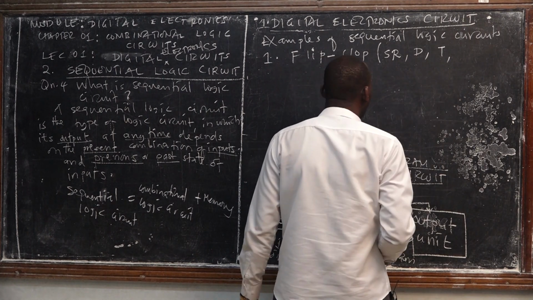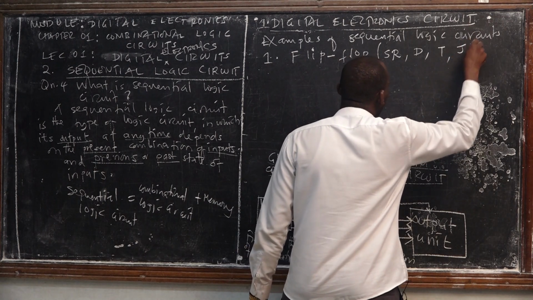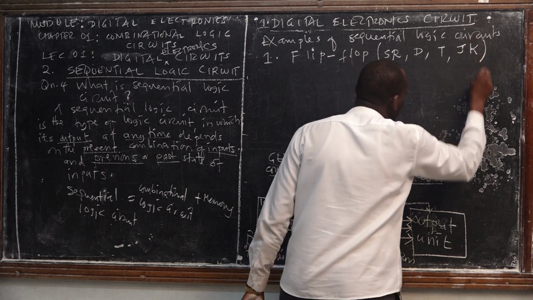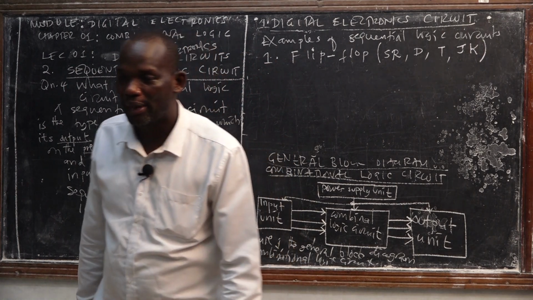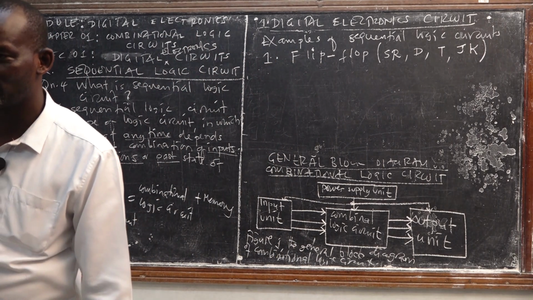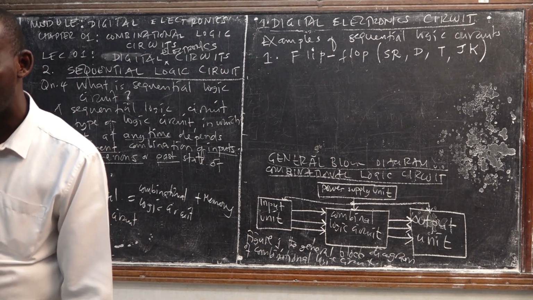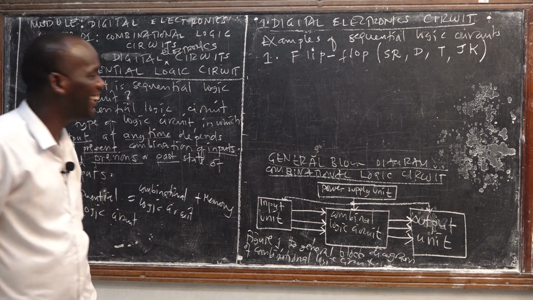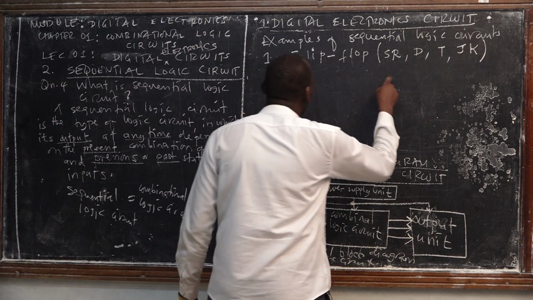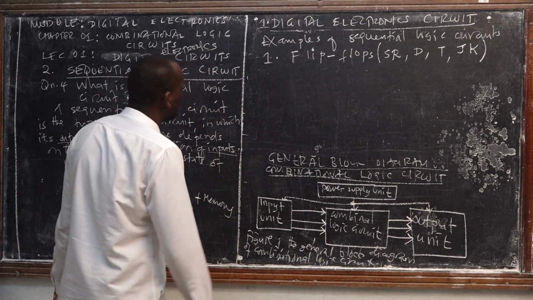Then we have the T flip-flop, and then the JK flip-flop. For those who have been playing cards, there is a very special card we call the Joker. Do you remember the Joker? So we have 4 types of flip-flops, and flip-flops are an example of sequential logic circuits.